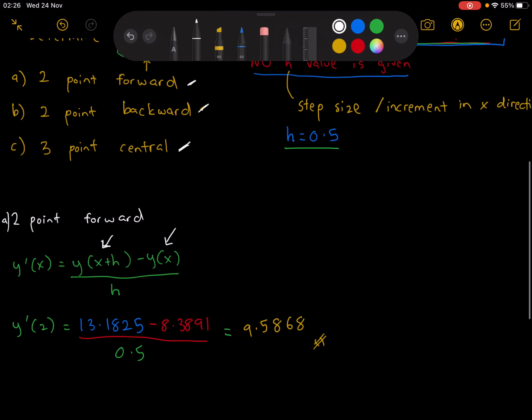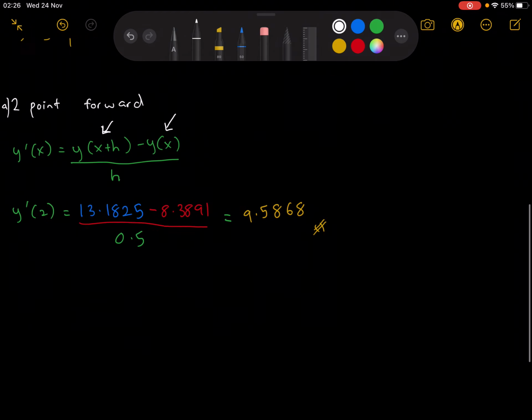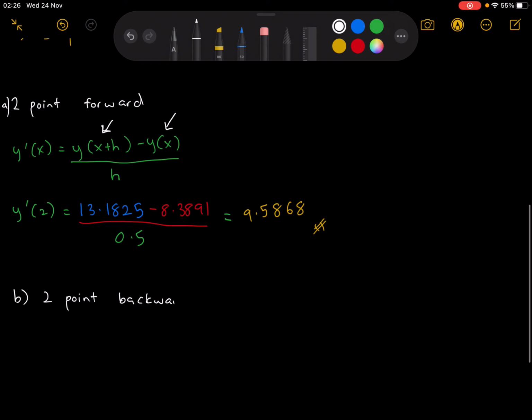Okay, let's look at the second one. We want to solve it using 2-point backward. So we write the equation for 2-point backward. y'(x) is [y(x) minus y(x-h)] over h.